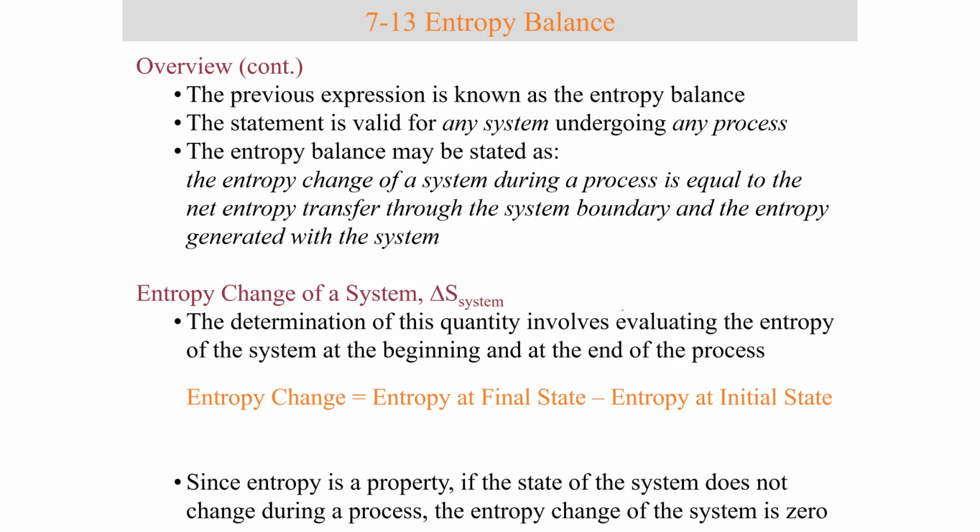So let's look at each individual term of the entropy balance, starting with delta S system, right? Delta S system would be the change in entropy, equal to the entropy at the final state minus the entropy at the initial state. So since entropy is a property, if the state of the system does not change during the process, well, the entropy change of the system is 0.